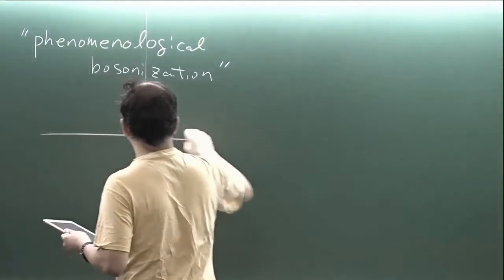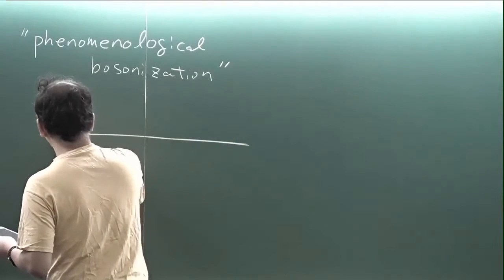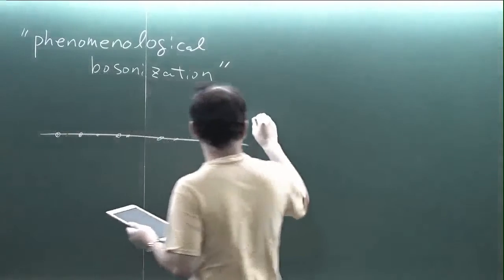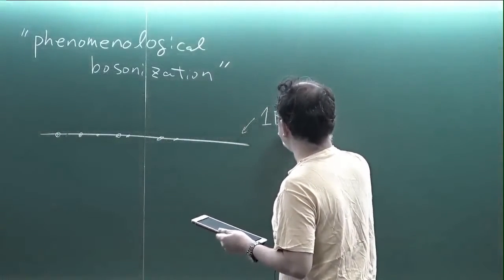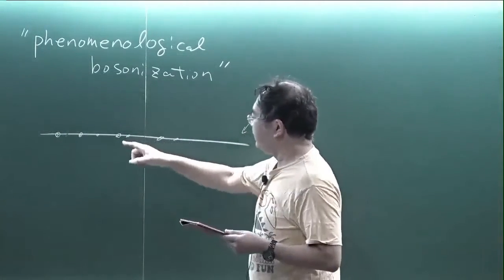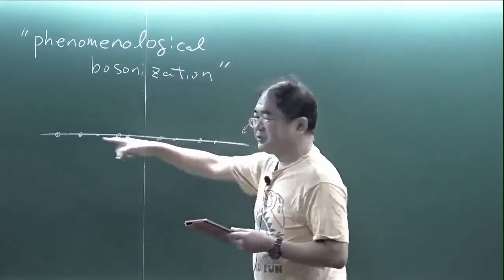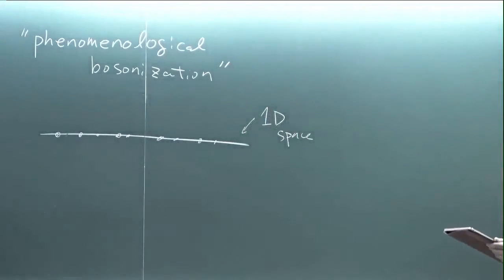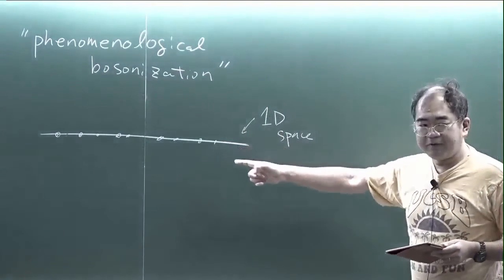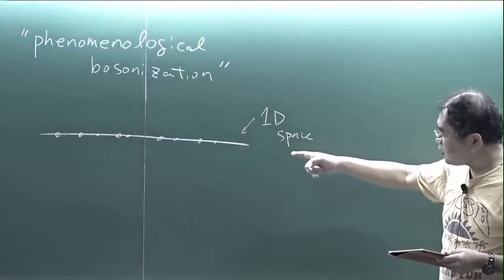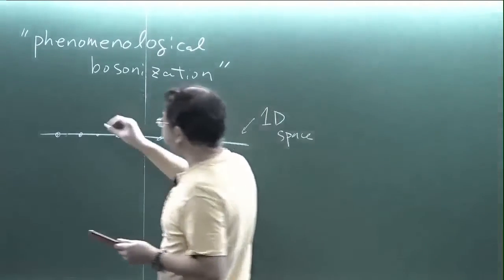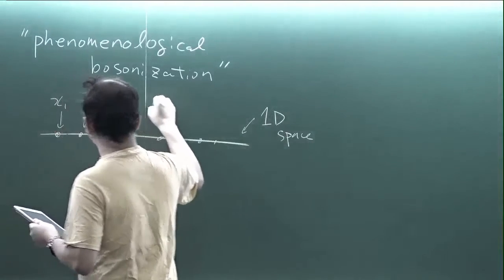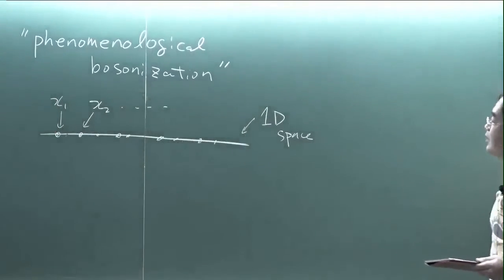So I start from one-dimensional space, and there are many particles which are moving and interacting with each other. And we can label the coordinates of each particle, like x1, x2, and so on.